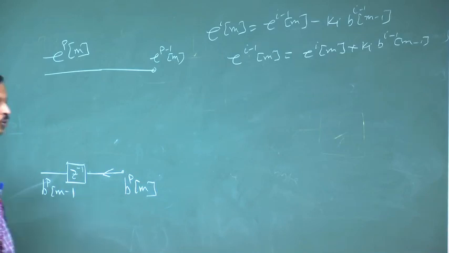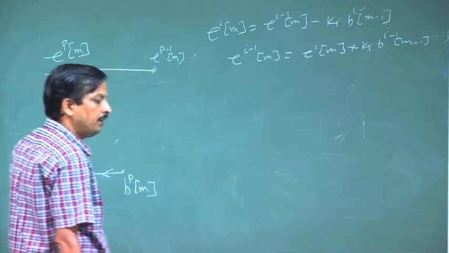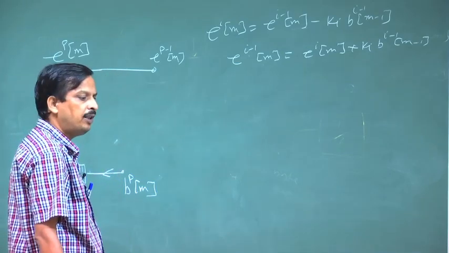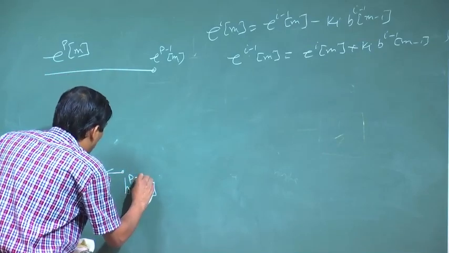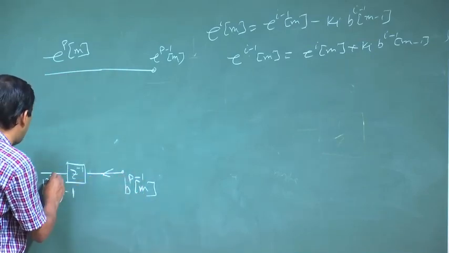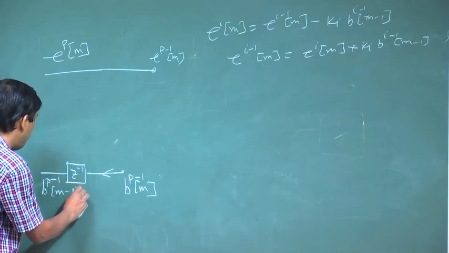Okay or not? So this one is BP minus 1 m, this one is BP minus 1, this is BP minus 1 m minus 1.